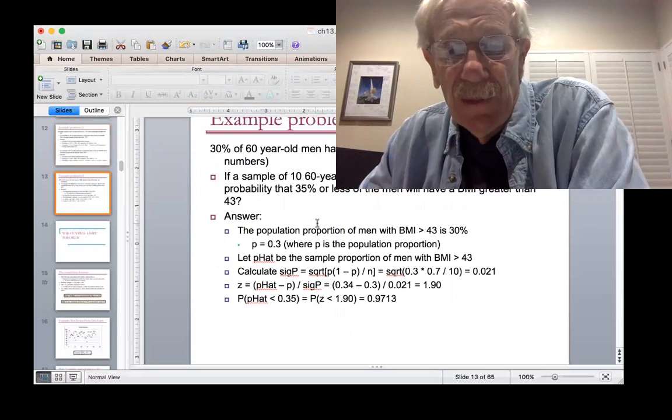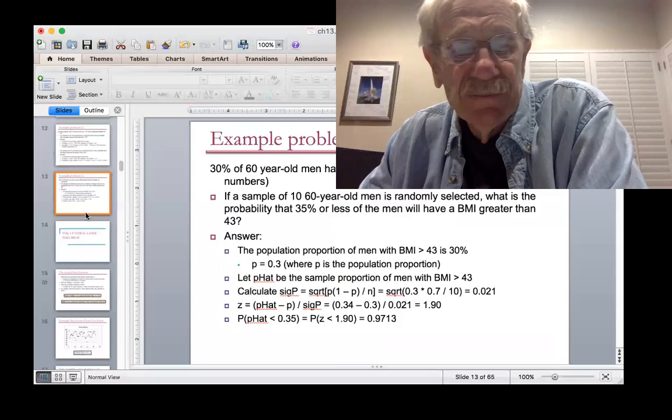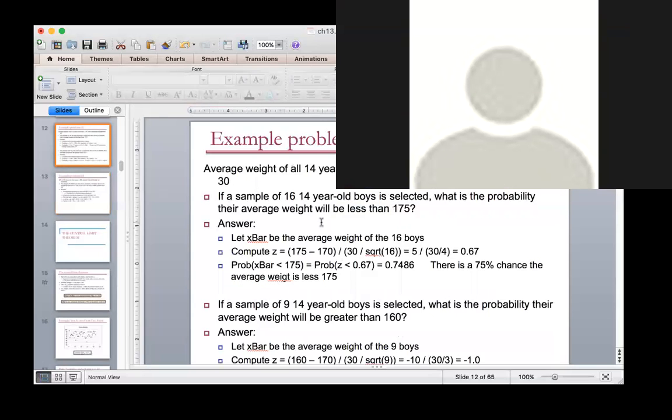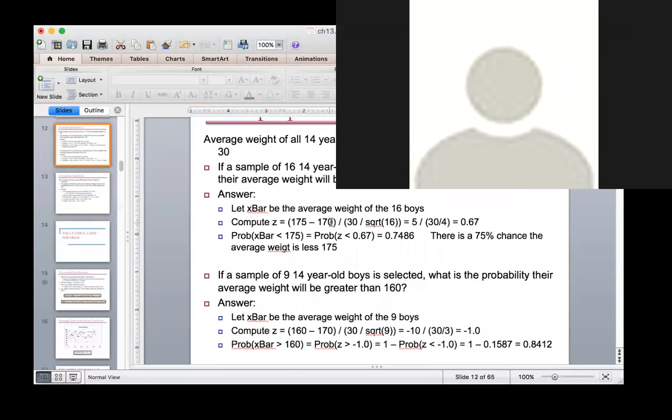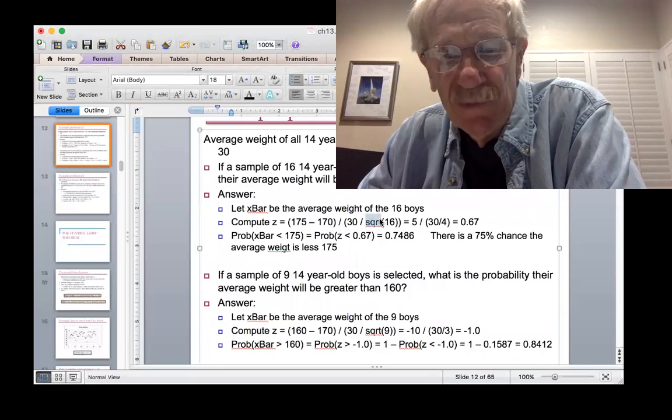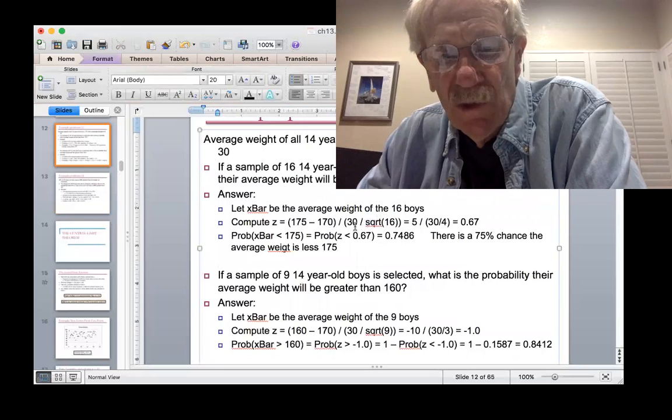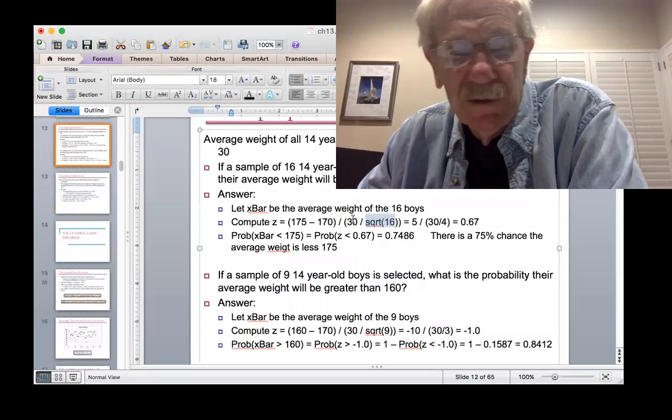I have a question. Yes. Where did that go? Does that say square root of 16? Yes, that's square root of 16, which is 4. I'm not familiar with that step. With this equation? What was the formula for that?